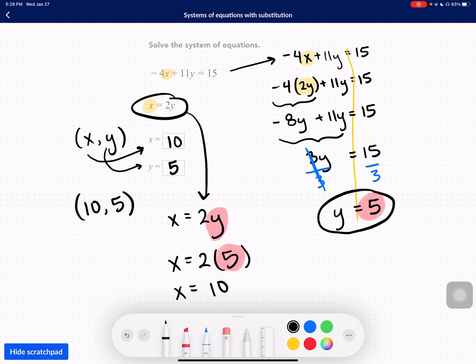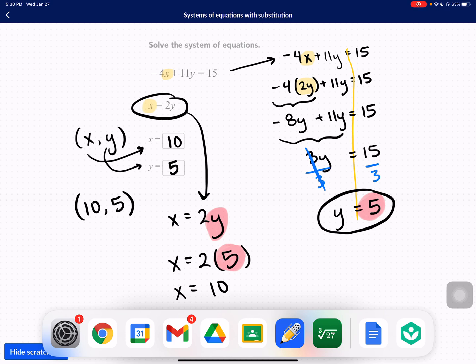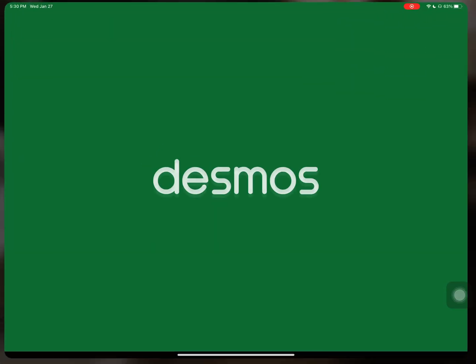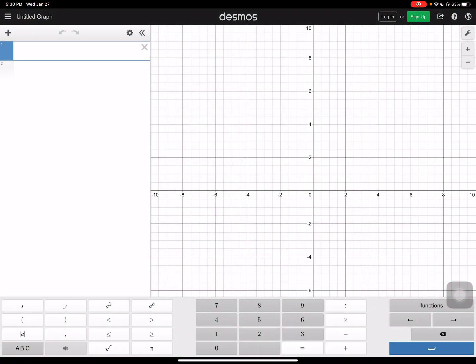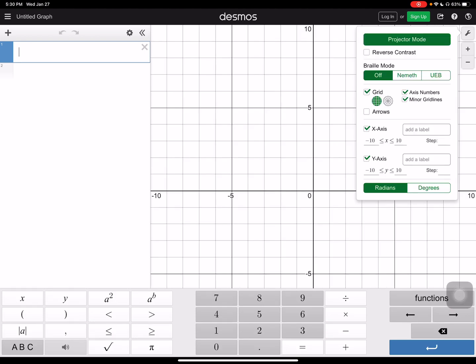And let's test this. Remember, I really like you guys to use Desmos graphing to put in linear equations to find what their solution is. Because right now, I'm really wanting you to understand what a solution is, and it's an intersection of two lines on a graph because they both share that same point on their lines. So if I go ahead and type these two equations into Desmos, let me make this bigger.